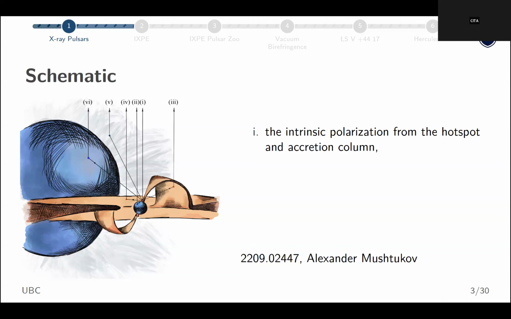This is just art by Sasha Mushtakov, a participant in many of our papers, a contributor to many of them. This is for a paper about the first X-ray pulsar to be discovered, Centaurus X3, and also the first one to be observed by XP.